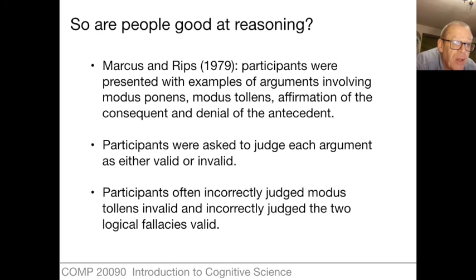Those four. They were asked to judge each argument as valid or invalid, and they got it all kinds of wrong. They often judged modus tollens, the second good one, invalid, but the last two, the logical fallacies, were often judged valid.